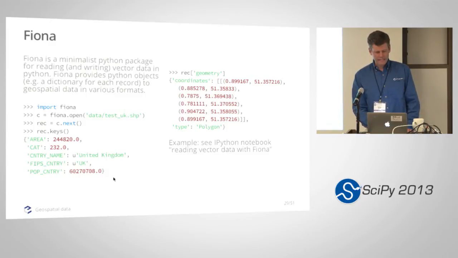That record is a dictionary, so you have dictionary-like access on each row of your file. And then that row has a geometry.